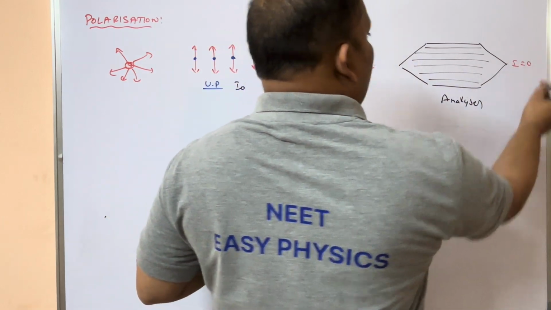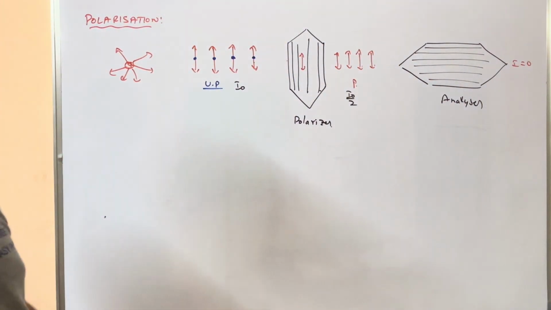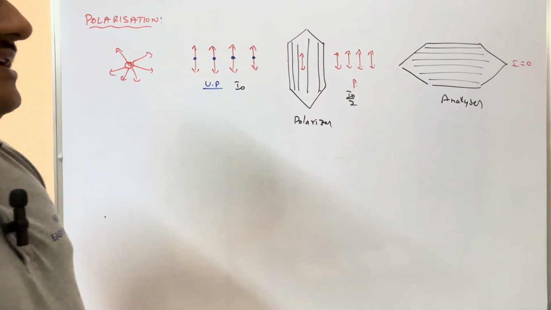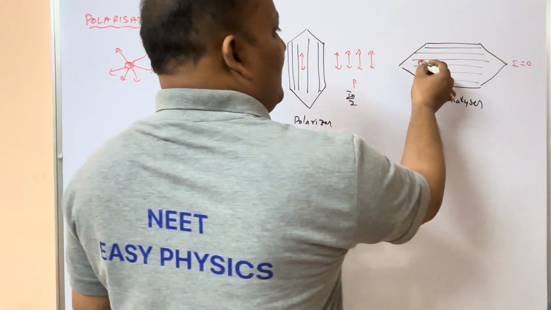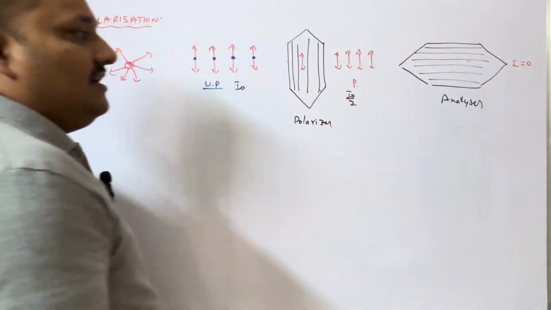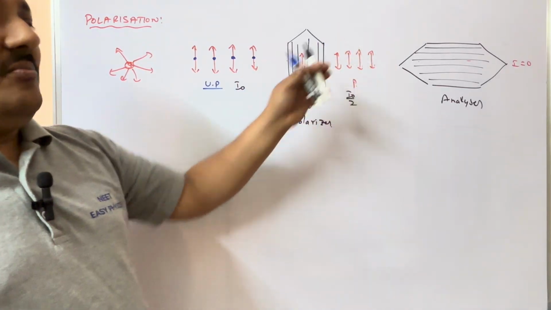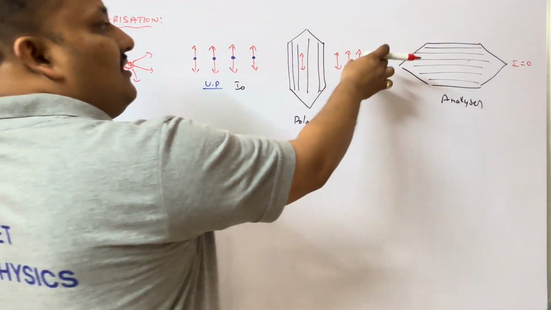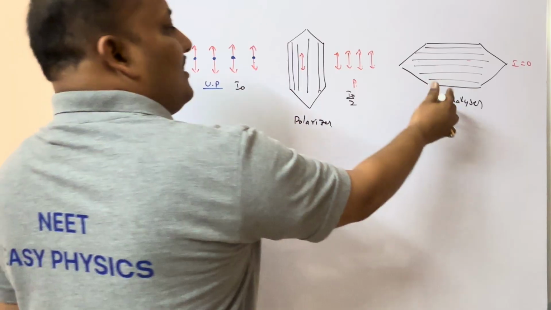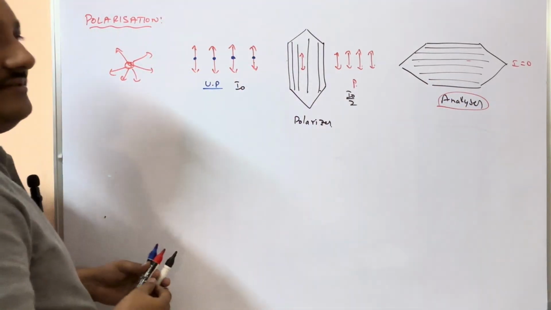Therefore, the intensity is going to become 0. Therefore, we got completely polarized light. Even if one arrow component came, that component would pass through this. Therefore, this is completely polarized light. Whether we got completely polarized light or not, we check using the analyzer.